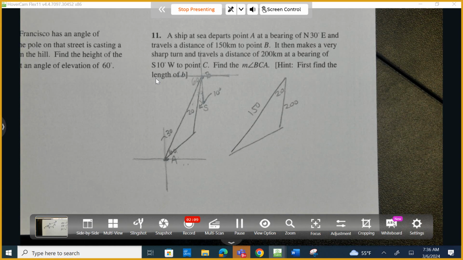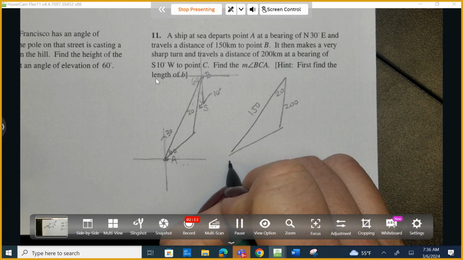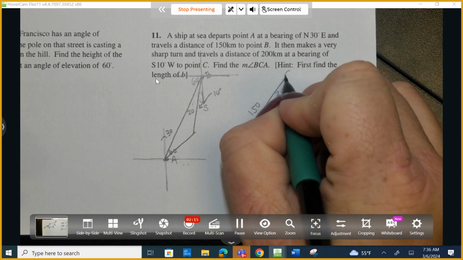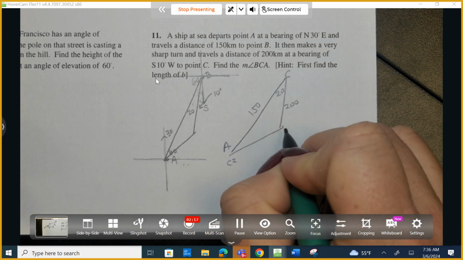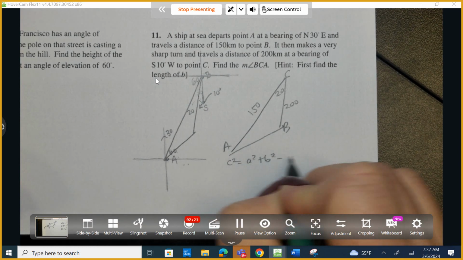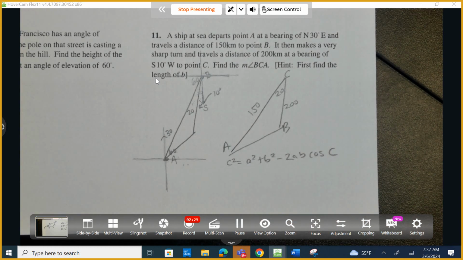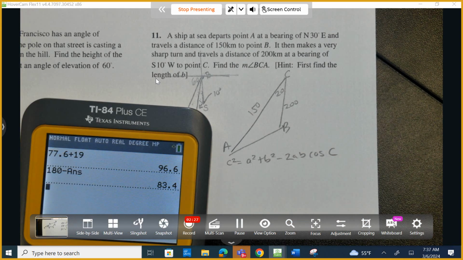Okay, so I'm going to use the law of cosines. Let's call this c. This is my c, this is my a, this is my b. c squared equals a squared plus b squared minus 2ab times the cosine of c. And I'm just going to plug those in, being a little lazy here with you.